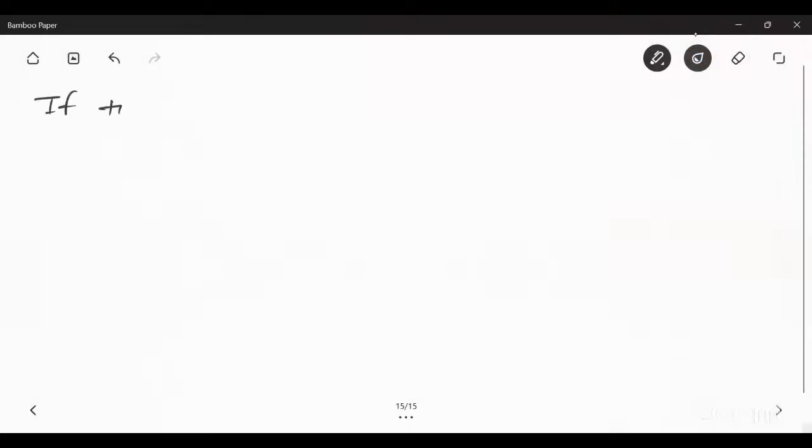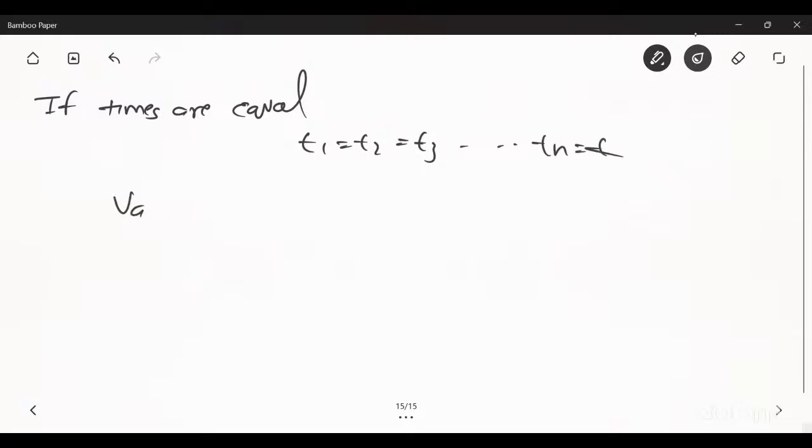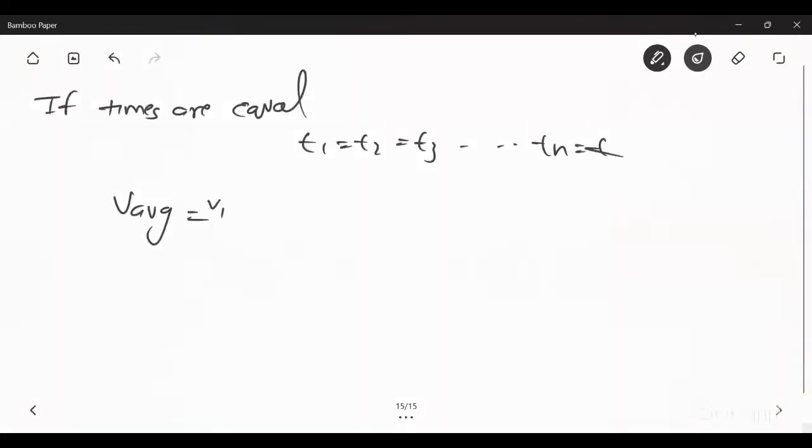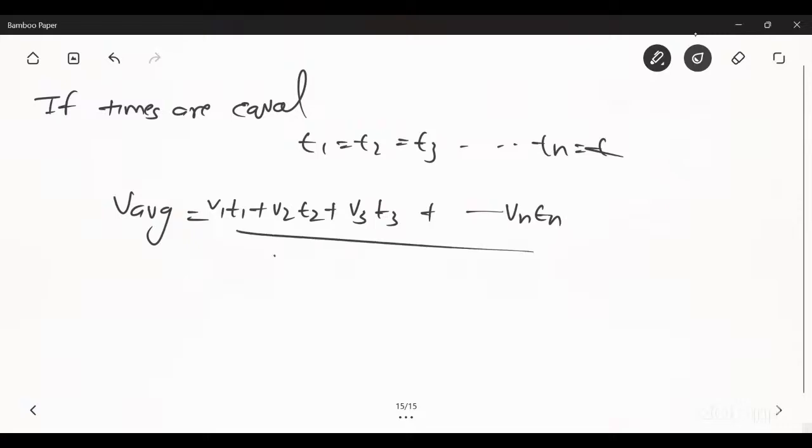If the times are equal, then T1 equal to T2 equal to T3 equal to Tn equal to T. So V average is equal to V1 T1 plus V2 T2 plus V3 T3 up to Vn Tn by T1 plus T2 plus T3 up to Tn.